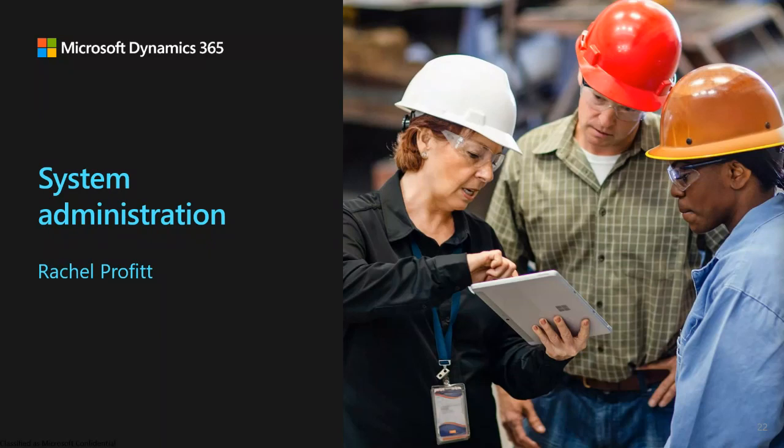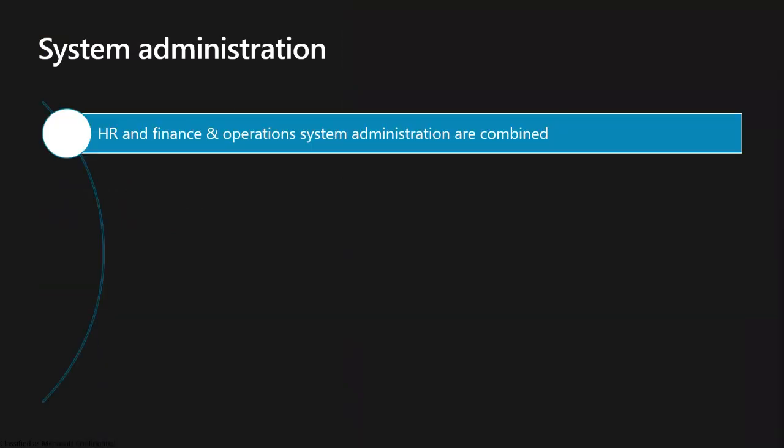So now I'm going to switch gears and talk a little bit about the differences that we will find in system administration. A couple of things that I'm going to talk through, and the first one is that the HR and finance and operations system administration modules and security roles are combined.